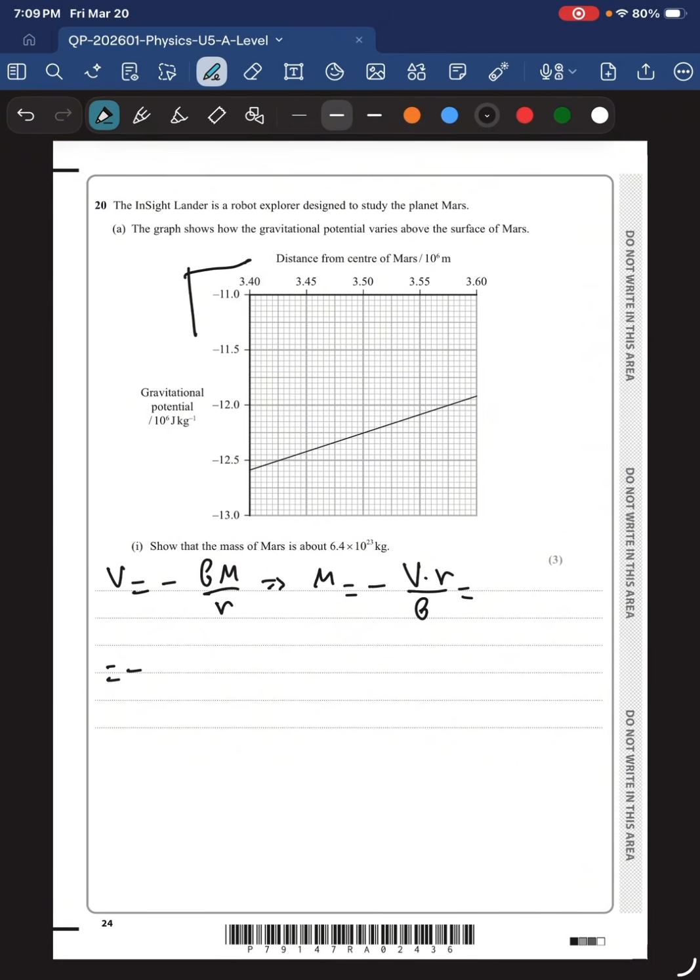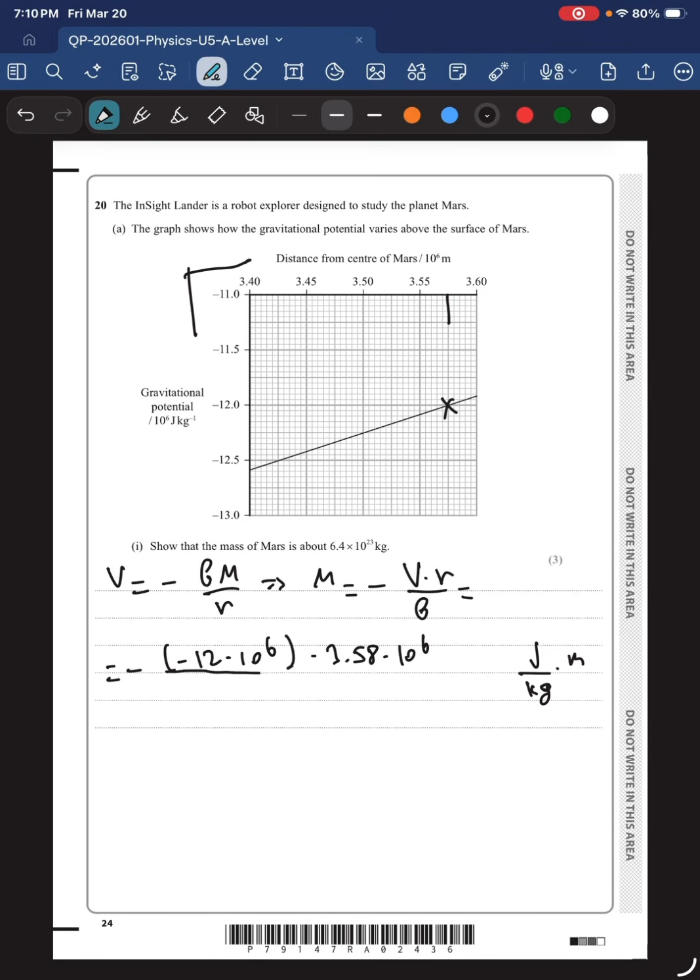So that's minus, if we take this value, minus 12. So let's use minus 12 times 10 to the 6. And then the distance here is 3.58 times 10 to the 6. The units are joules per kilogram and meters.